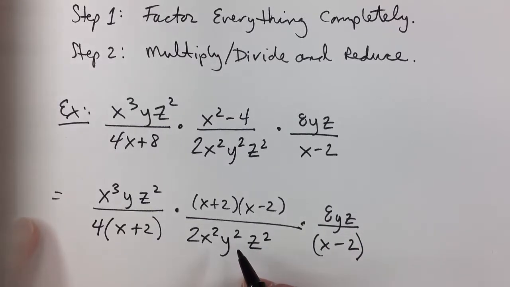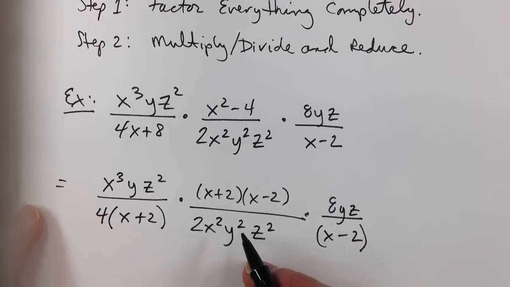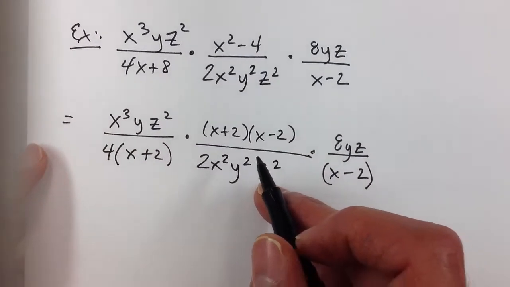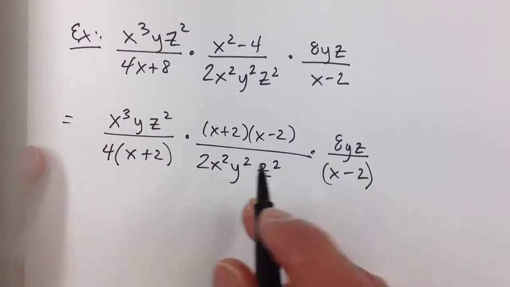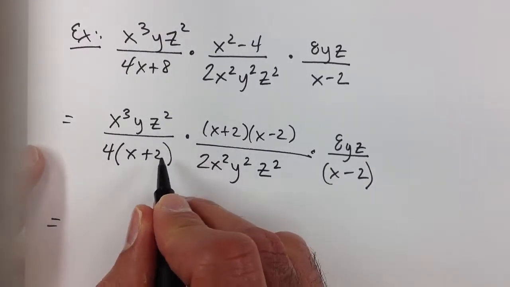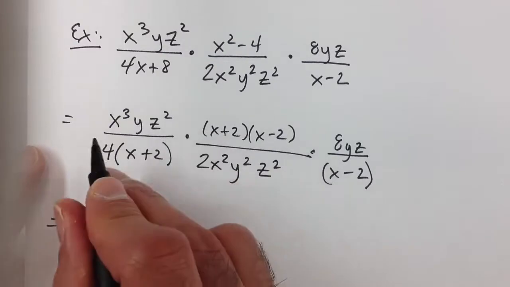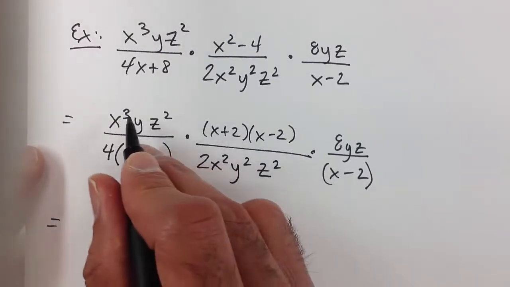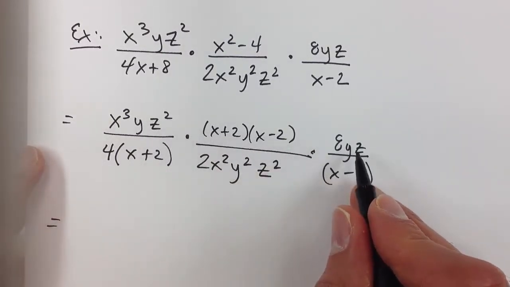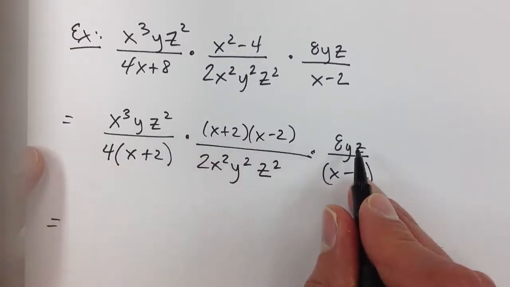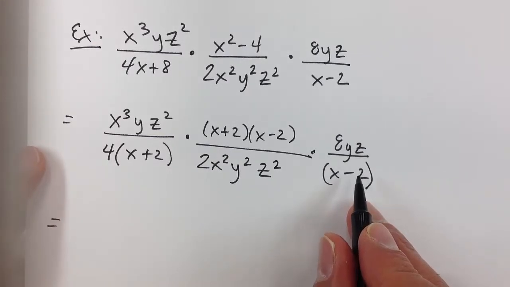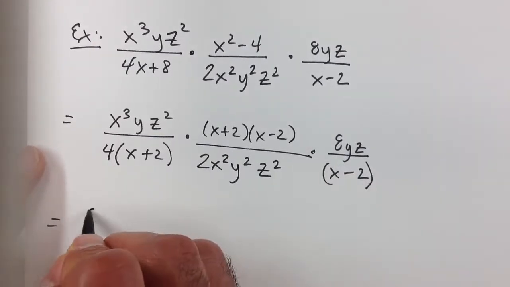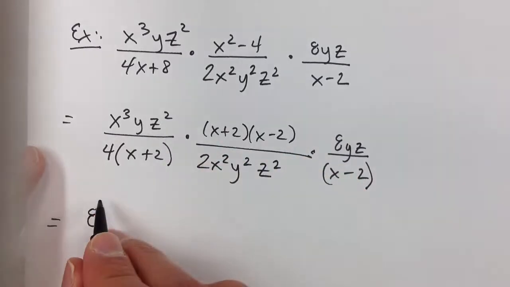I'm going to do this once and then not every time again, but the next step is to multiply these fractions together. As you may recall with multiplication of fractions, you go straight across the top, straight across the bottom. Since everything is being multiplied all the way across, I'm just going to write all of these factors together and all of these factors together as well, maybe with some slight order changes. We usually put constants first, so I'll put this 8 up in front.